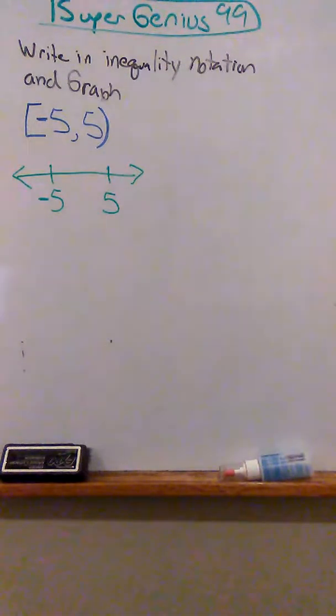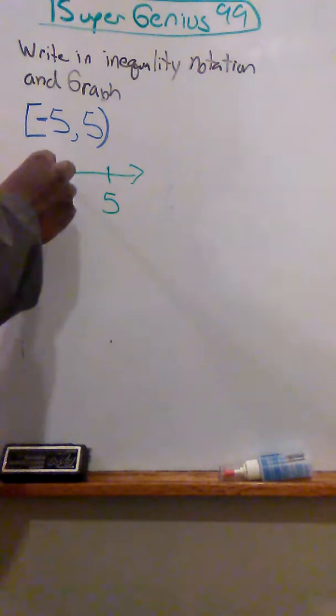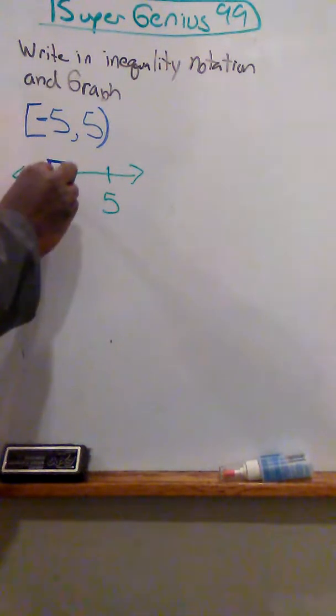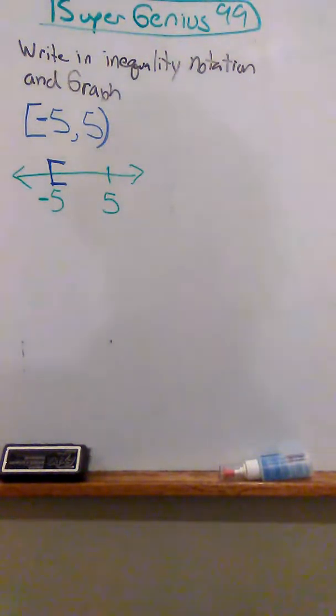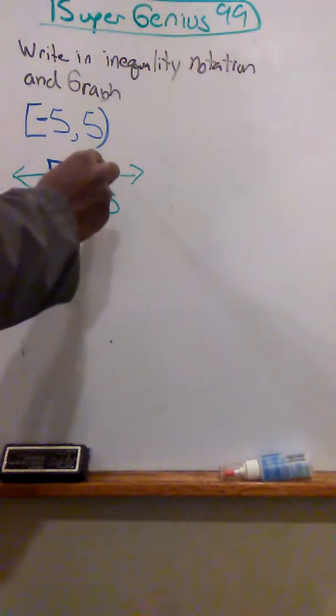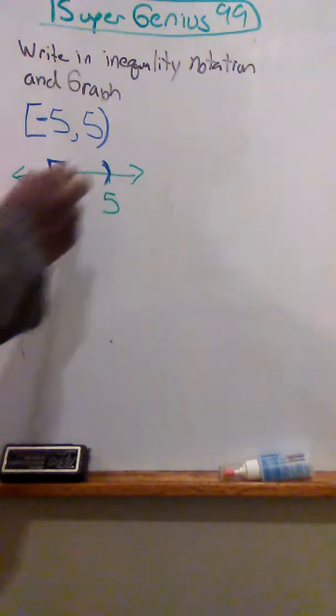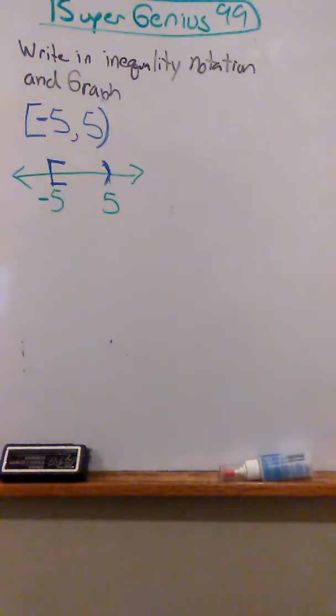The -5 has the square bracket, and a square bracket means you're including that number. And the +5 has the parentheses. That means you're not including that number. And then you shade in between.